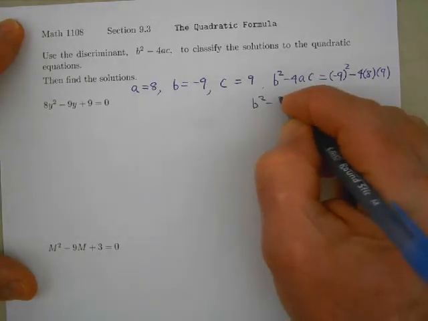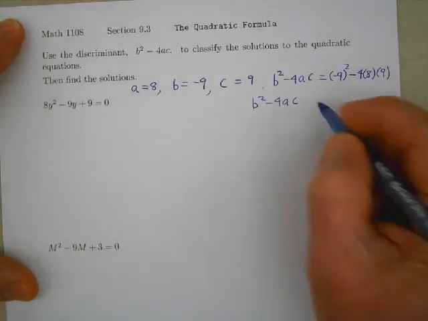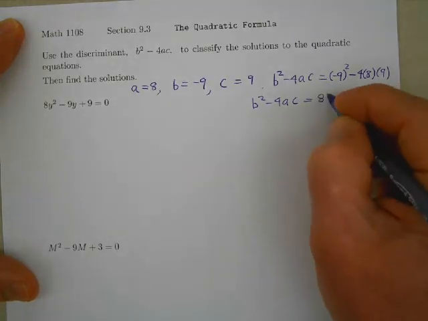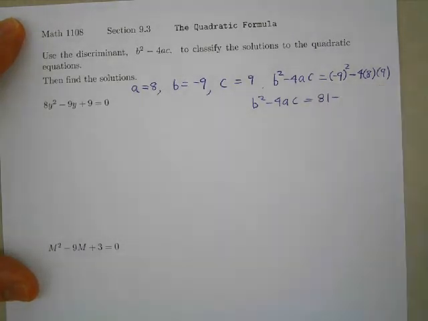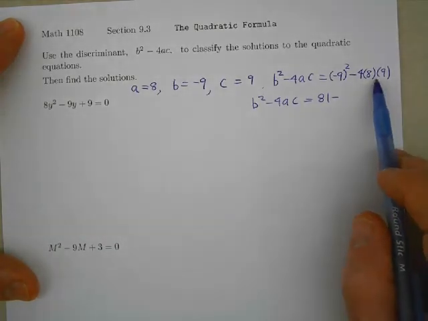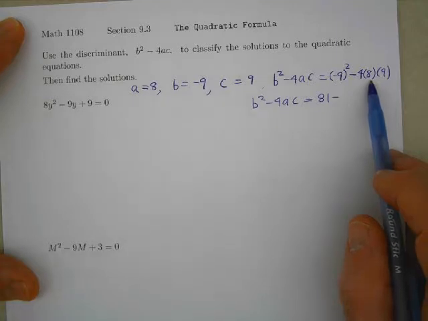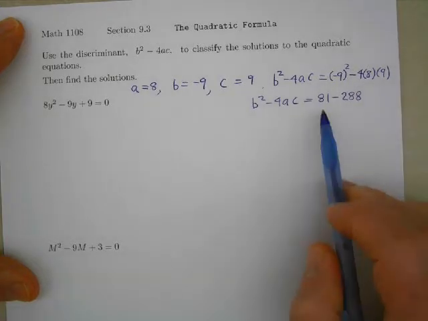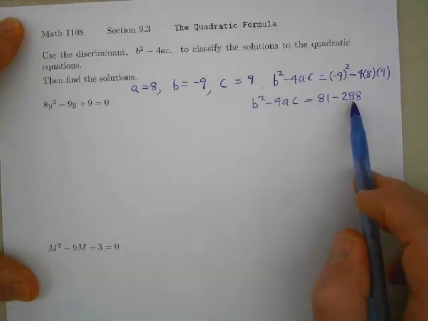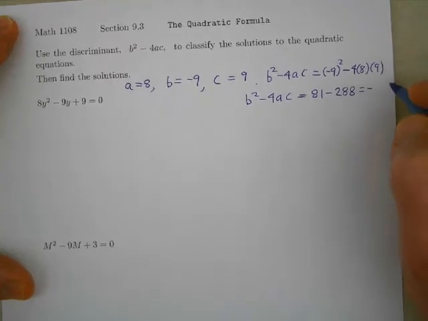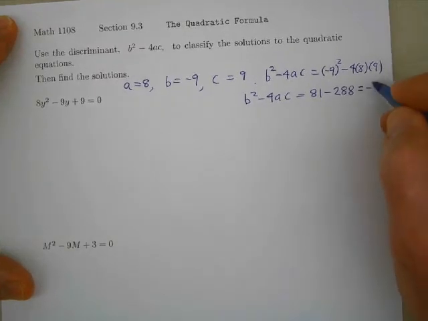The number negative 9 squared is 81. And we're subtracting 32 times 9. So let's see, that's just 288. And 81 minus 288 is negative 207.